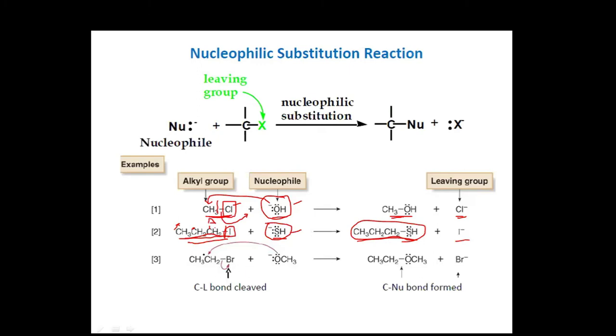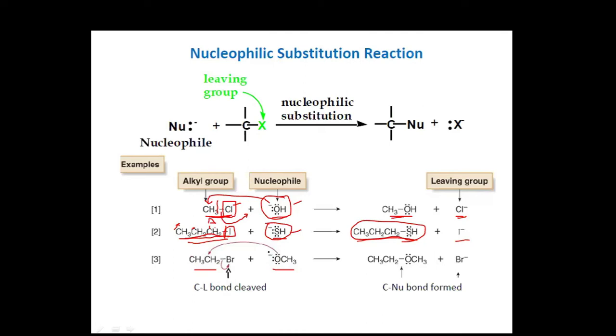Let's move on to another alkyl halide, CH3CH2Br. The name of this compound? Ethyl bromide. The C-Br bond is cleaved during the reaction, as shown here, and along with that you have used CH3O minus. What is that? Methoxide.